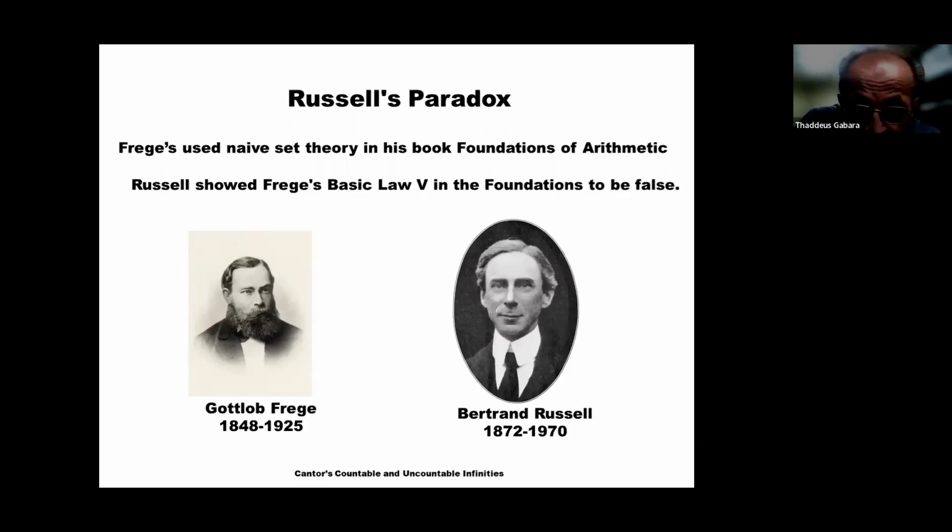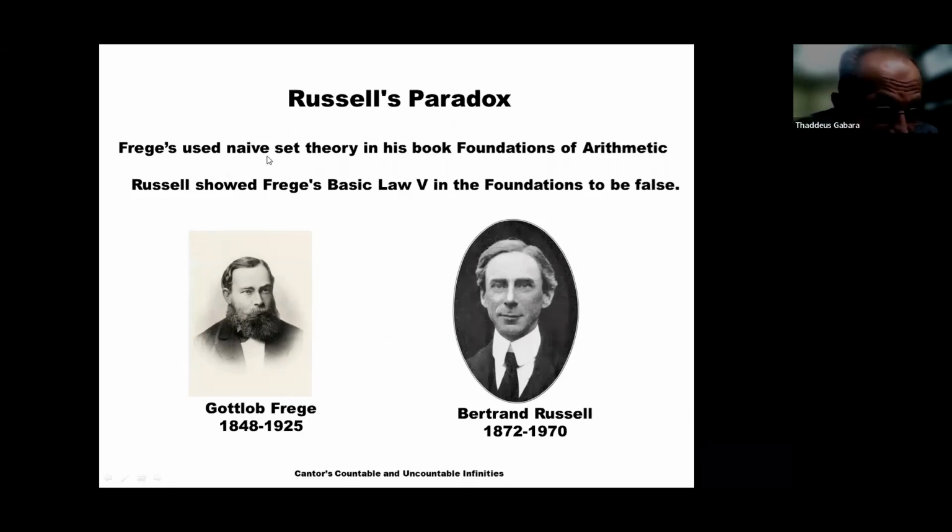Now we're coming to the end of the talk, and we're going to take a look at Russell's paradox. Now, Gottlob Frege, shown here, was writing a book, Foundations of Arithmetic. The basis of his book, he used naive set theory.